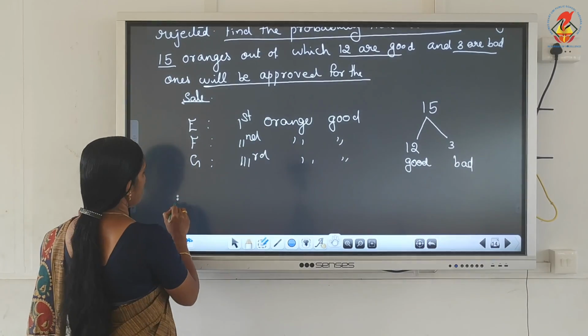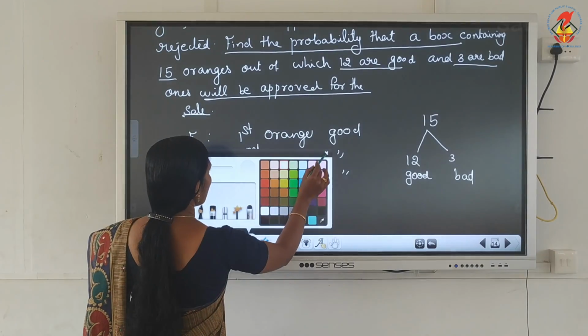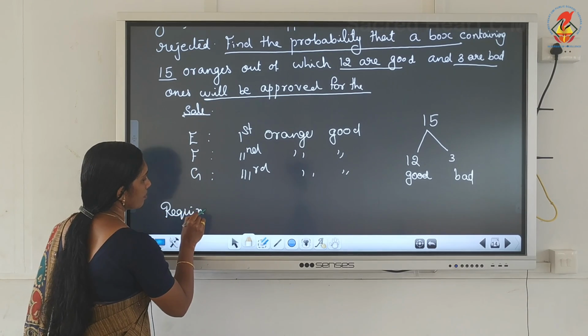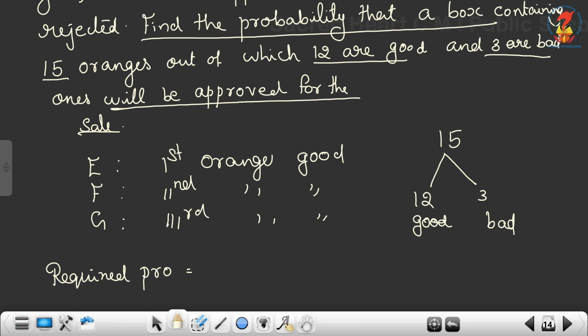So the required probability is the probability that all 3 oranges are good. That only we have to consider here.